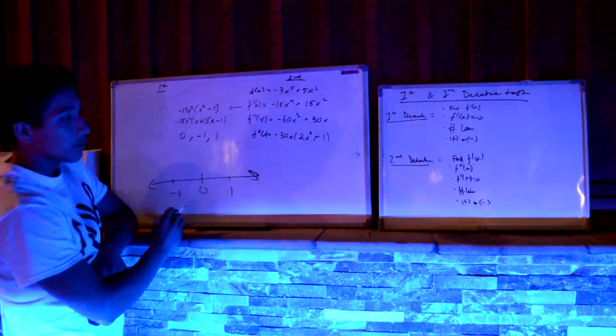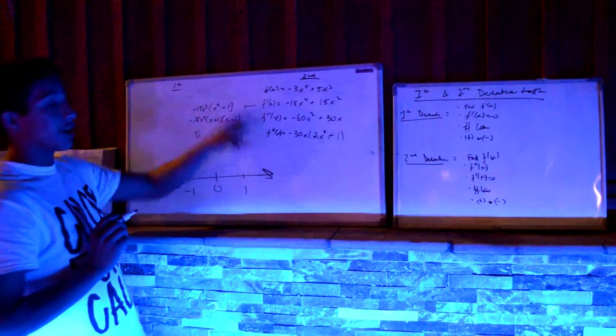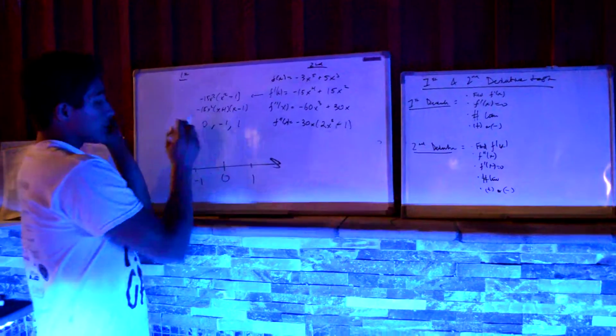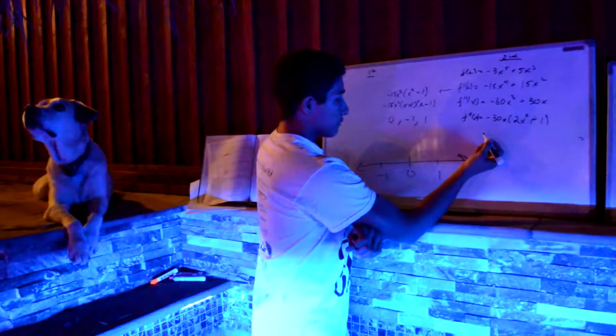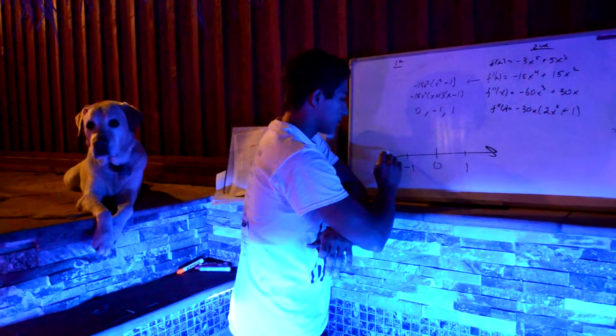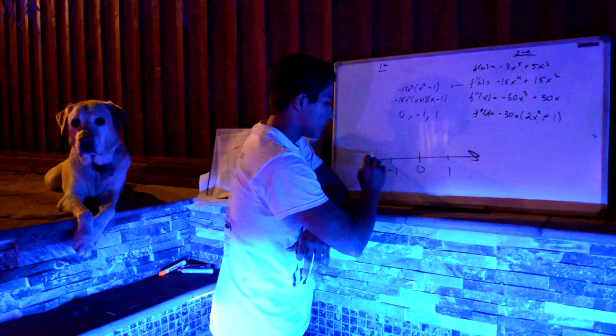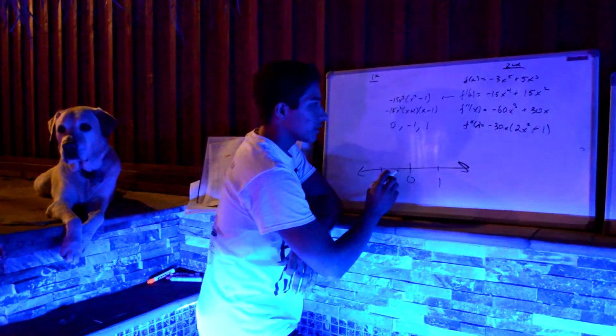Now, if we plug these points back into the second derivative, not the first. You plug it back into the second derivative. My bad, you specifically plug it back in there.